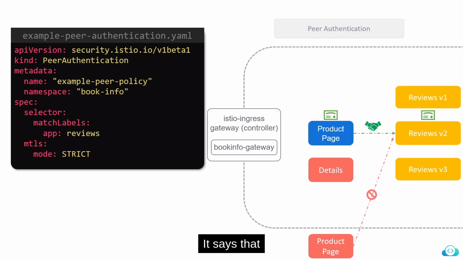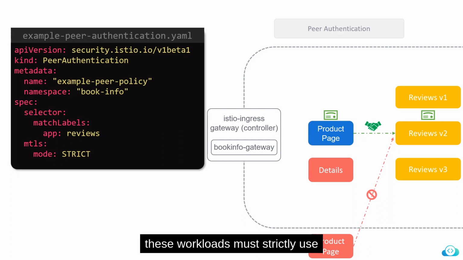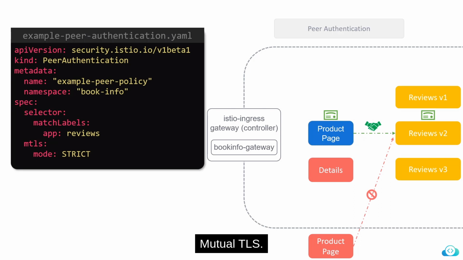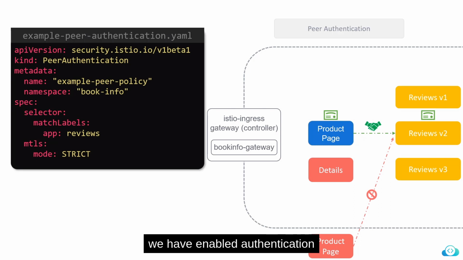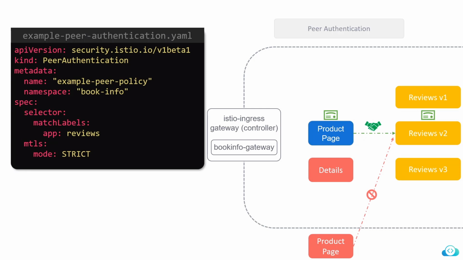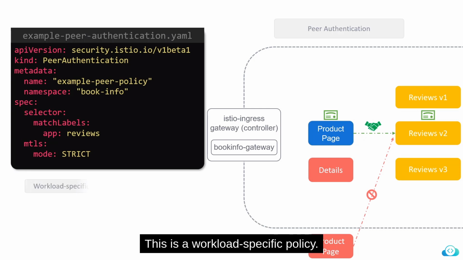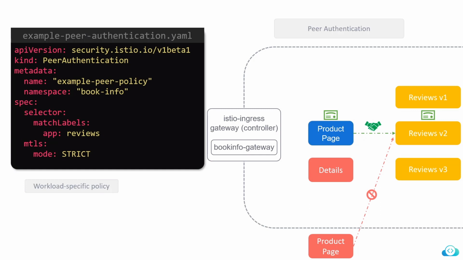And it says that these workloads must strictly use mutual TLS. In this case, we have enabled authentication only for the reviews app, and so we have only enabled it for a single workload. This is a workload-specific policy.